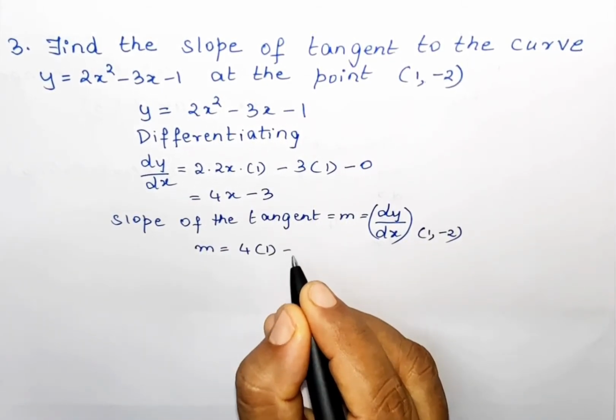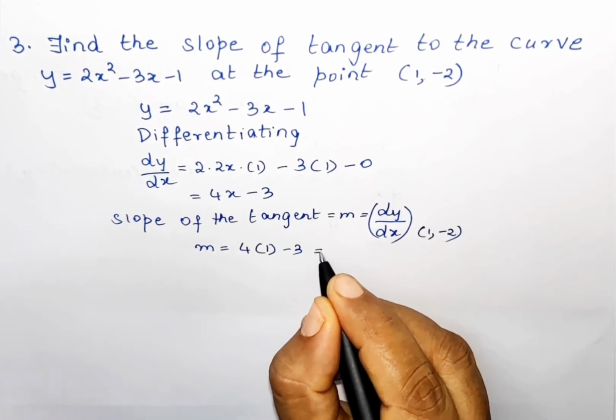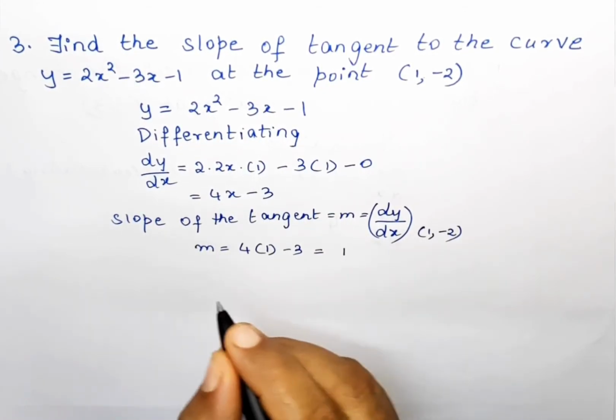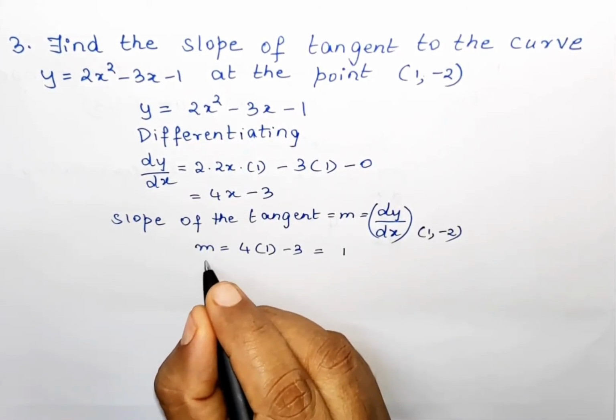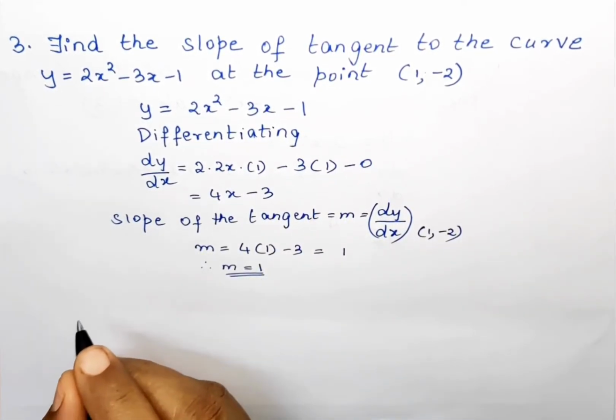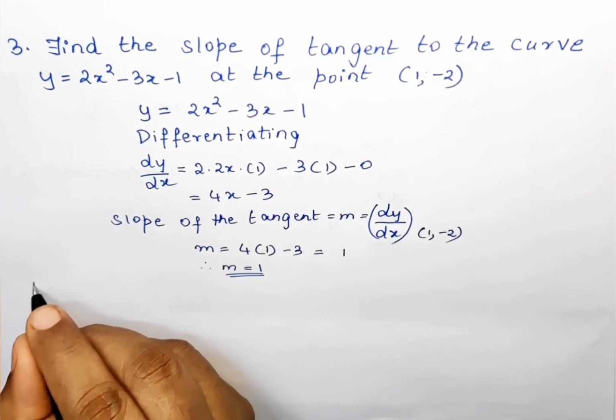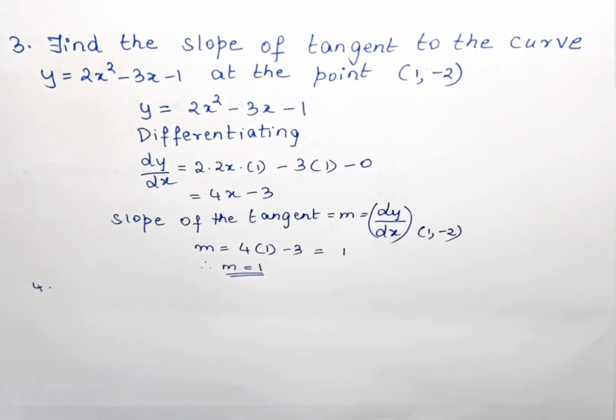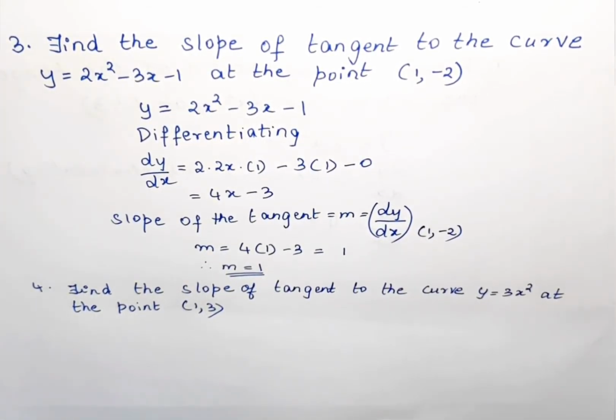Since the value of x is 1, we write 4 into 1 minus 3. 4 ones are 4. 4 minus 3 is 1. So the value of m is 1. They have asked us to find the slope of the tangent to the curve. They have not asked us the equation. So m is equal to 1 is the required answer.